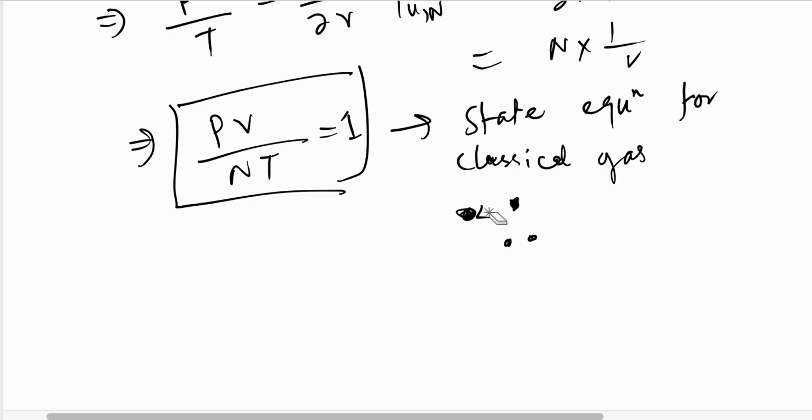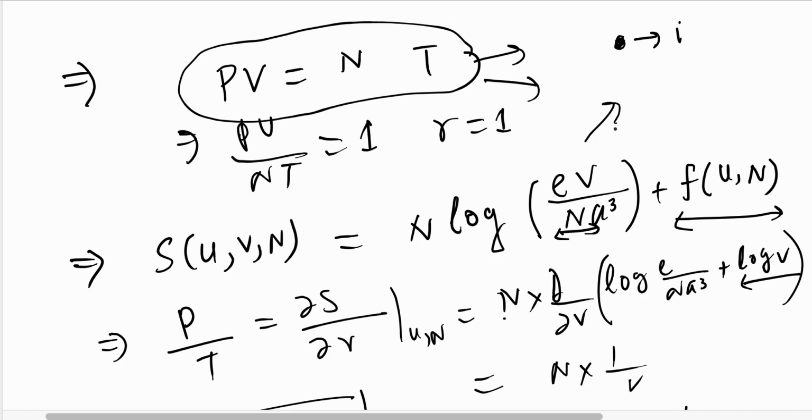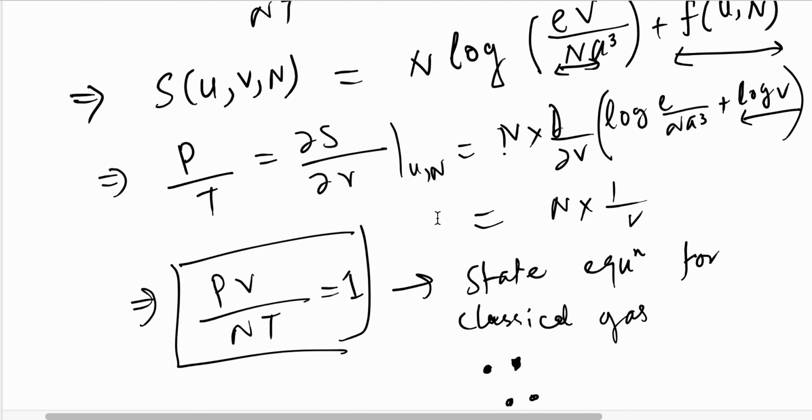In the classical gas, it is identical but not indistinguishable in the quantum sense. The indistinguishability comes in the quantum mechanical particle, but the identicalness is present in the classical gas, so that is why this N factor is coming here in the Sackur-Tetrode form.